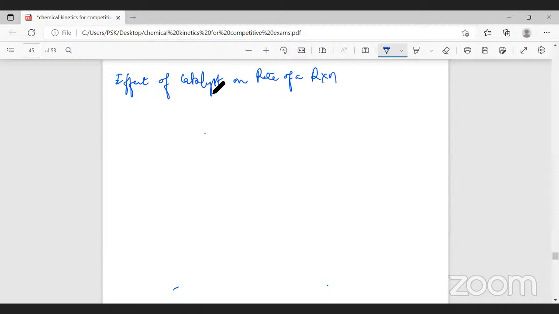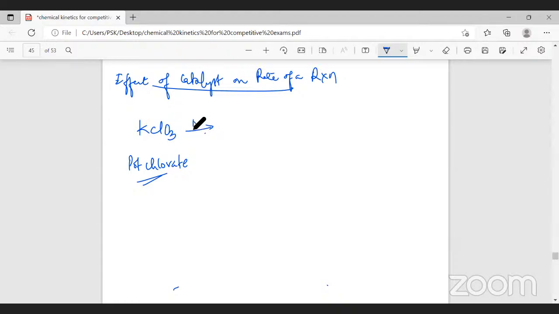Now, can anyone read what I'm writing now? What is this molecule KClO3 called? This KClO3 is called potassium chlorate.